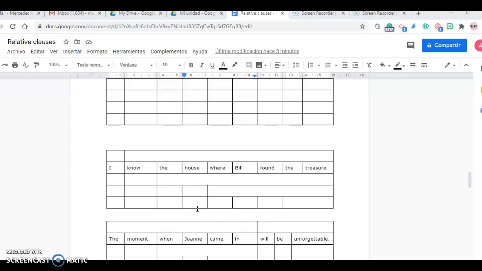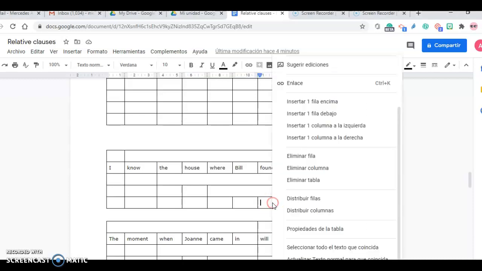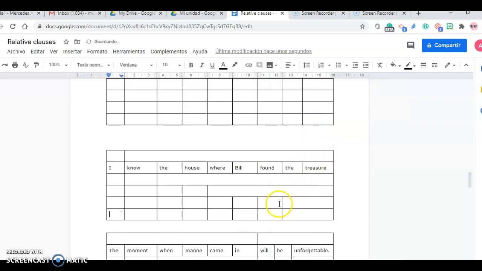And so, how do we analyze this clause inside? Bill is the subject. Found the treasure and where is the predicate. And here I would need more rows. Okay. So found is the monotransitive verb.